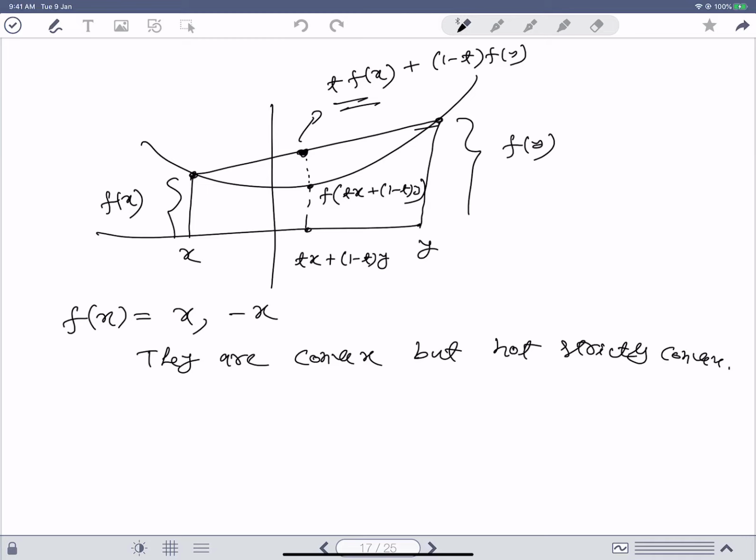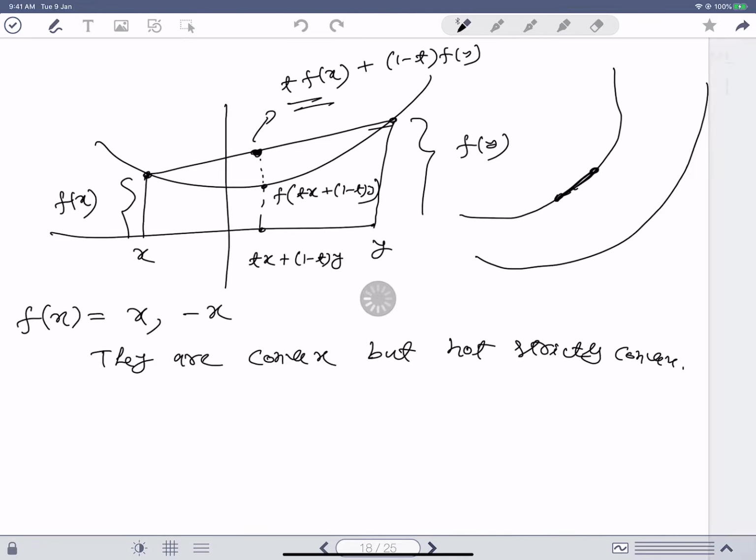You may have a function where it is curved, but after some stage it is a little bit flat and then again it gives the curve, something like this one and then again this one. We can have this kind of thing, right. In that case it will be convex but not strictly convex, but if you have this kind of thing always curved, nothing flat, then it will be strictly convex.